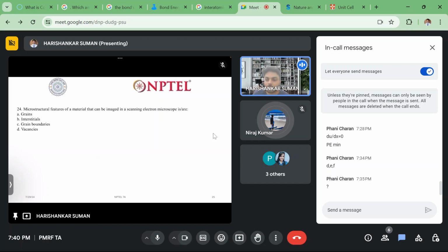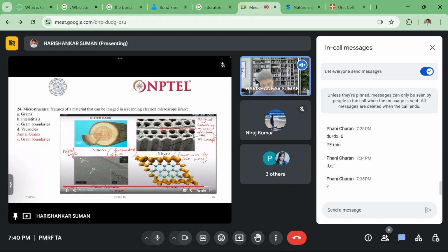Next question. Microstructure feature of a material that can be imaged in a scanning electron microscope is a grain and grain boundary.